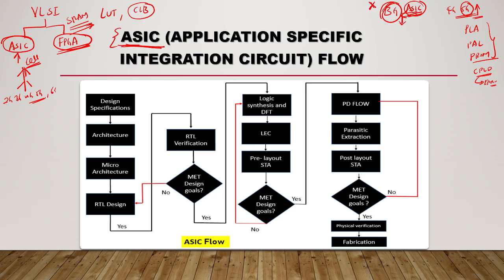In future you will get 6G also. You can't change the setup in the cell tower every time, it is very costly. So here you use an FPGA.